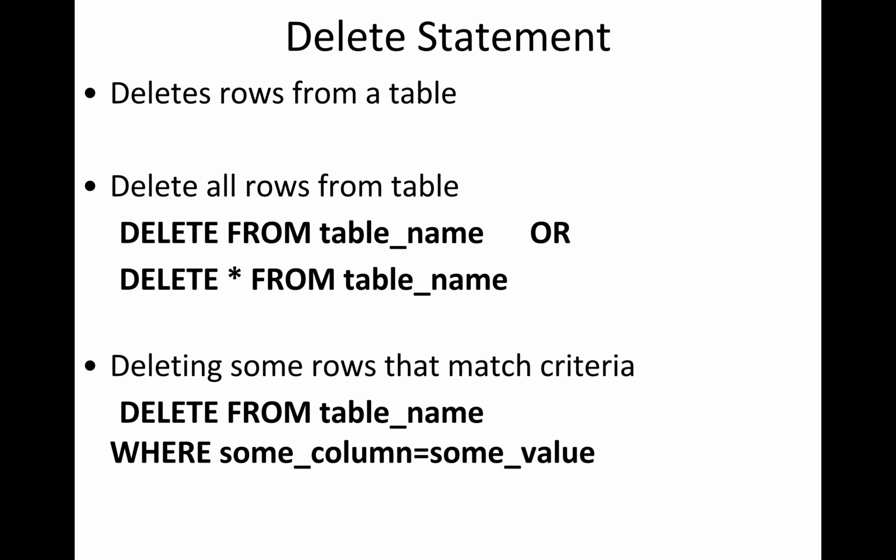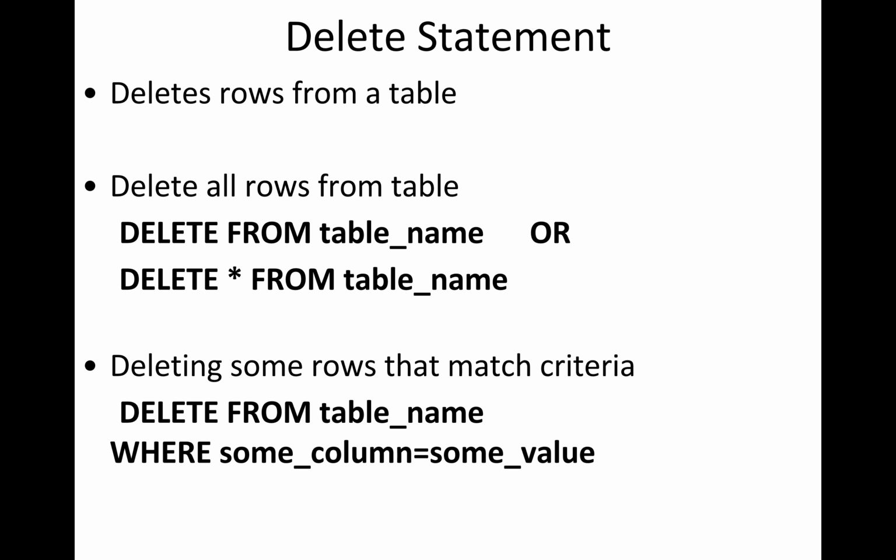Otherwise, databases will typically have a guard against this, right? And they'll say, careful, you're doing a delete and you're not providing a unique identifier field, and you would have to explicitly tell it, it's okay, I know what I'm doing, right?